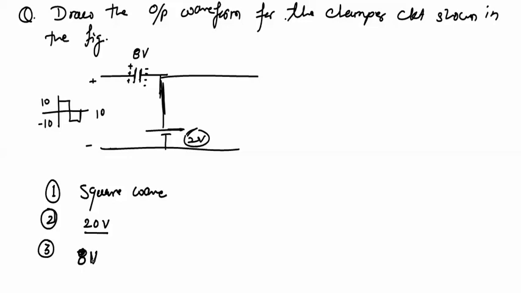If the capacitor is charging during the positive half cycle, it is a negative clamper, so the DC shift will be minus 8 volt. So the waveform will be shifted by minus 8 volt below the reference.